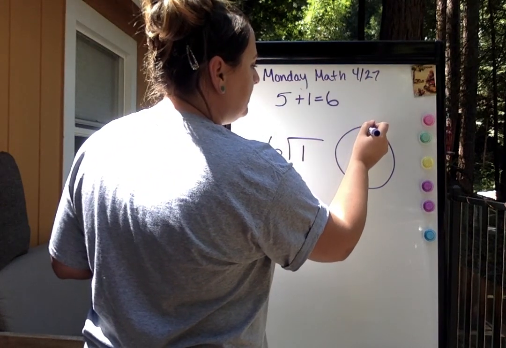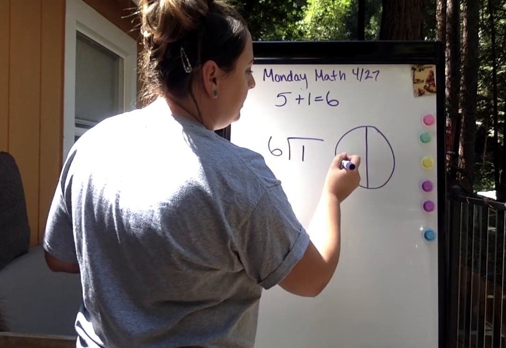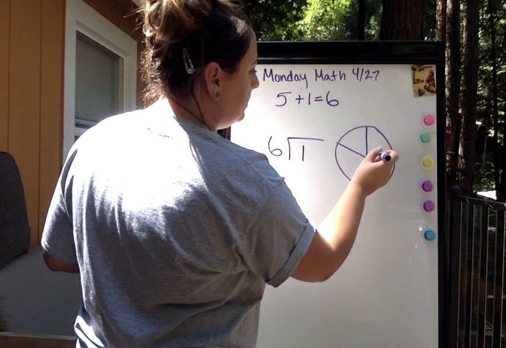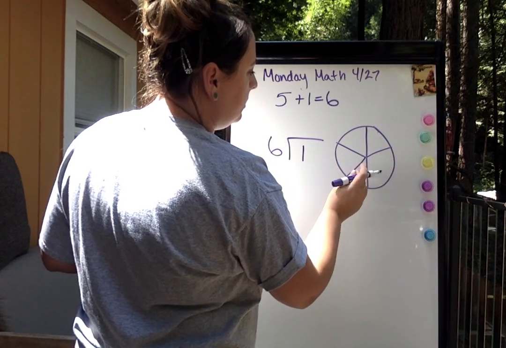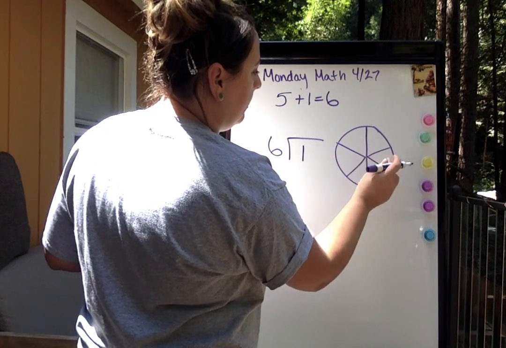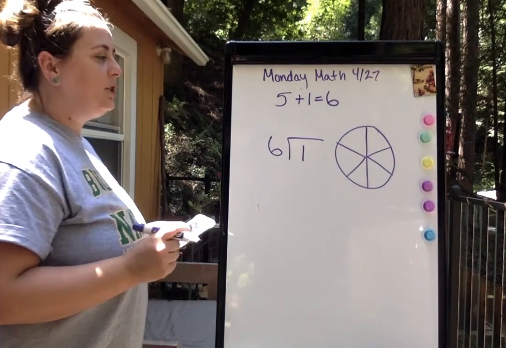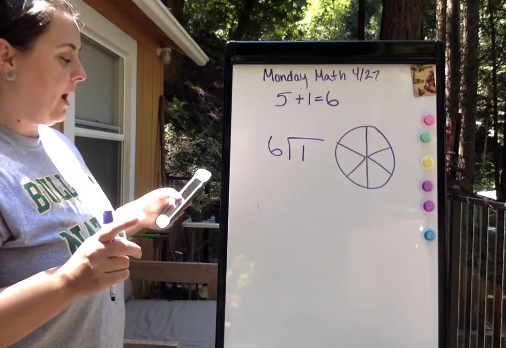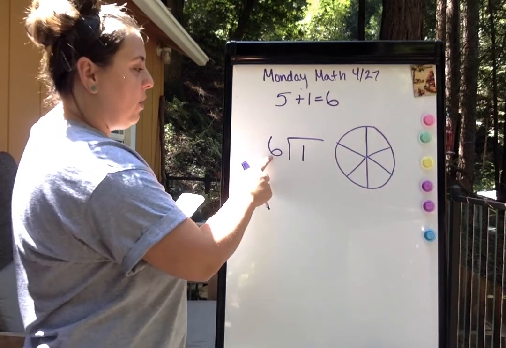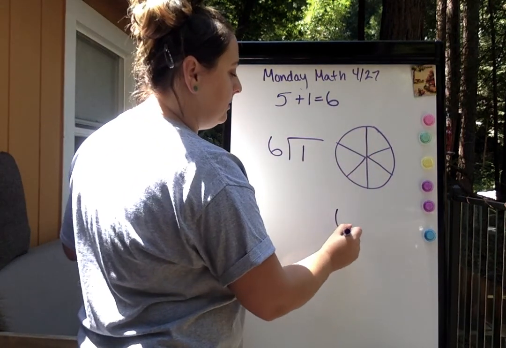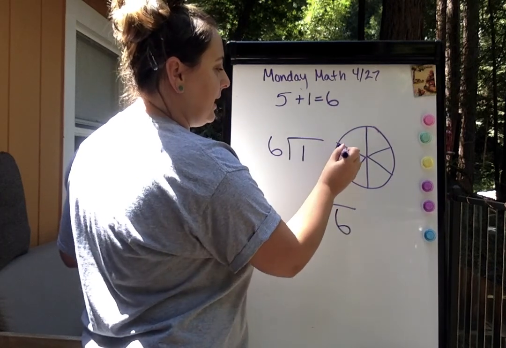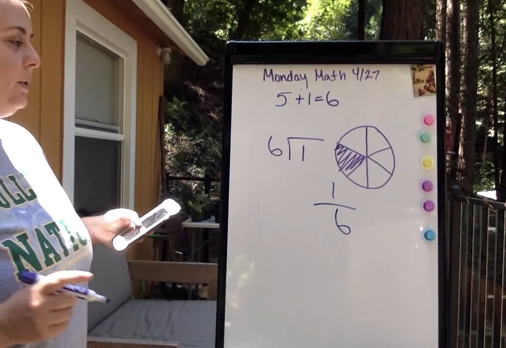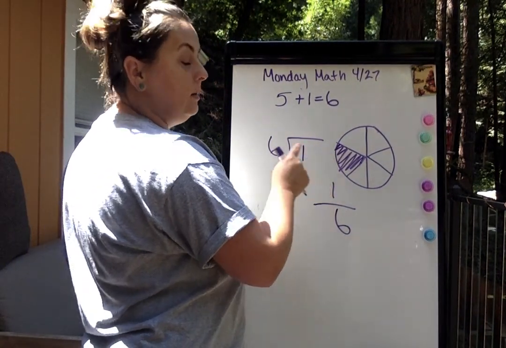So how are you going to divide your pizza into 6 slices? 1, 2, 3, 4, 5, 6. So if each person gets 1 slice, how much of a pizza do they get? What's your whole? Your whole is 6. And each person gets 1 piece. So each person receives 1/6 of the pizza.